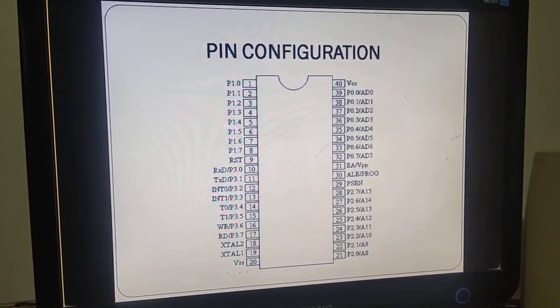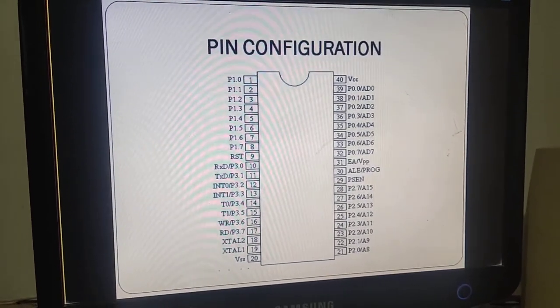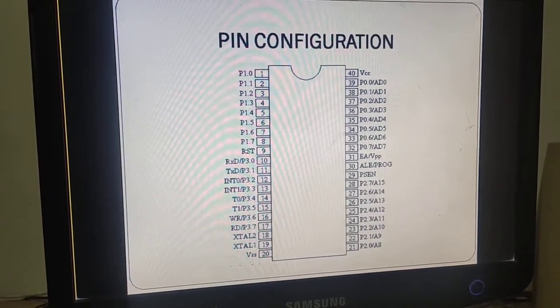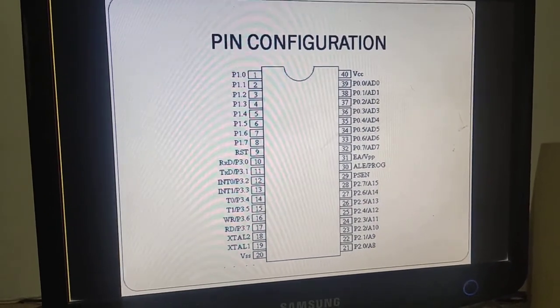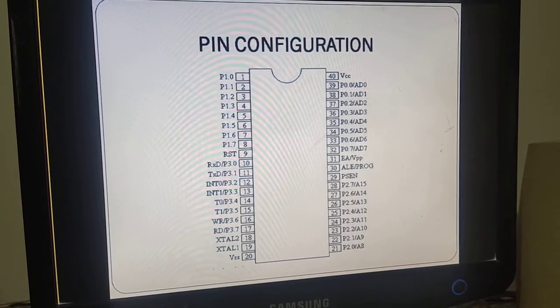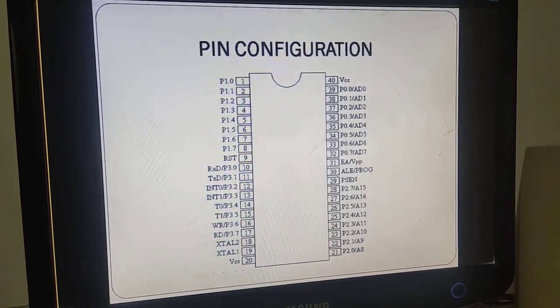P1.0 to P1.7 are your ports. RST is your reset. P3.0 to P3.7 is another set of ports, but with certain bidirectional functionality. That is, one port can have two functions. Crystal oscillators are on pin number 18 and pin number 19, XTAL2 and XTAL1.